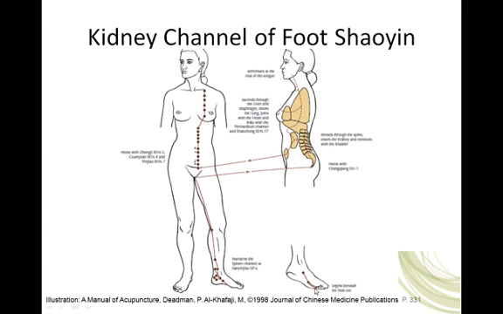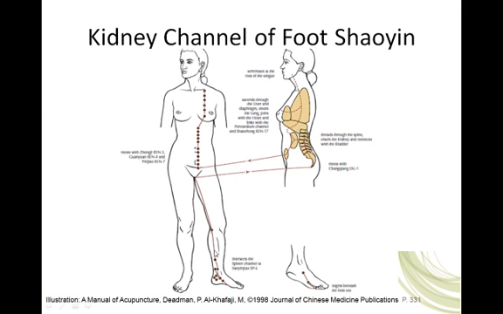We start here, the base of the little toe, traverse the plantar surface of the foot, come to kidney 1, keep moving along the plantar surface towards the medial aspect of the foot, kidney 2. The channel moves posterior to the medial malleolus to kidney 3, descends 4, 5, 6, ascends 7, 8, 9, 10.